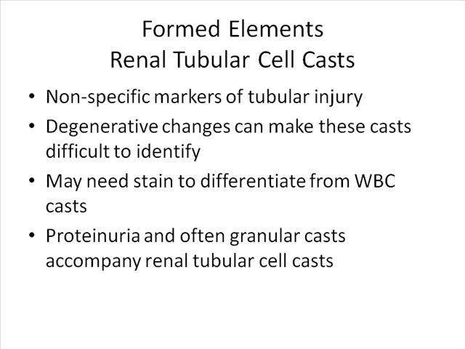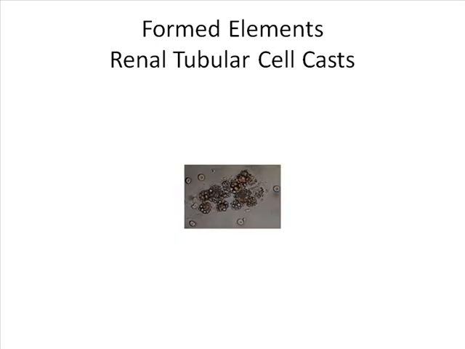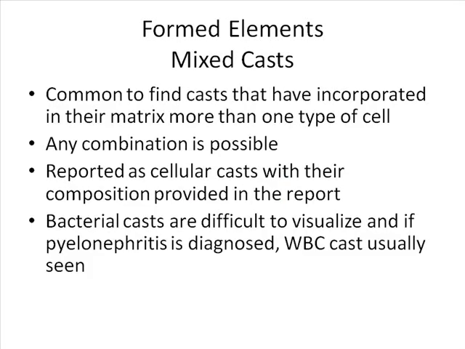All right, so these are not good indicators of things going on. You can see here, they almost look like oval fat bodies stuck on a cast. All right, they are not a good indicator. They're saying that something's going on in your tubules.